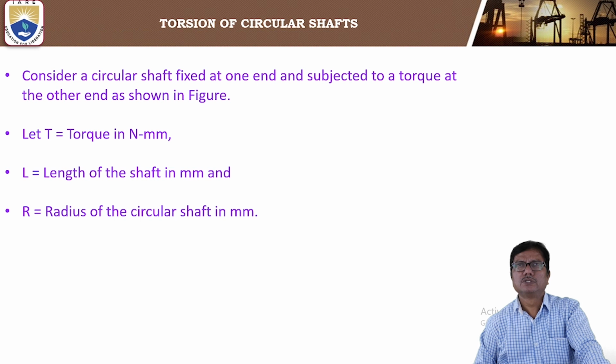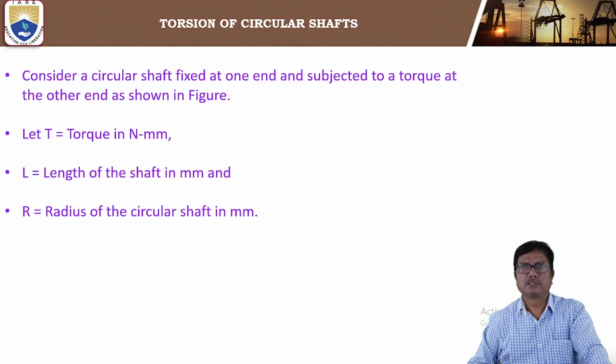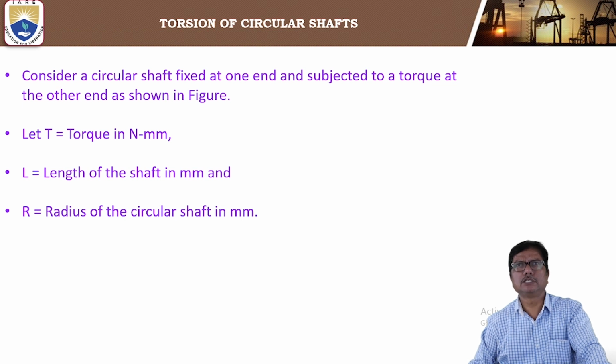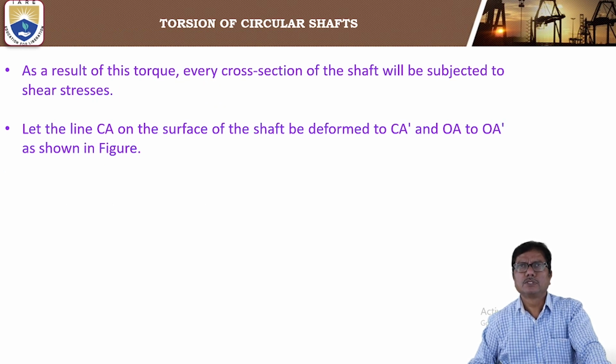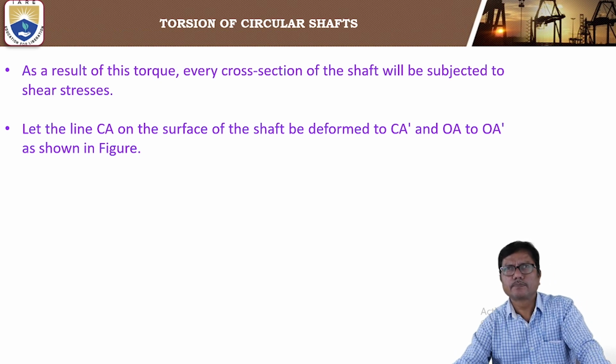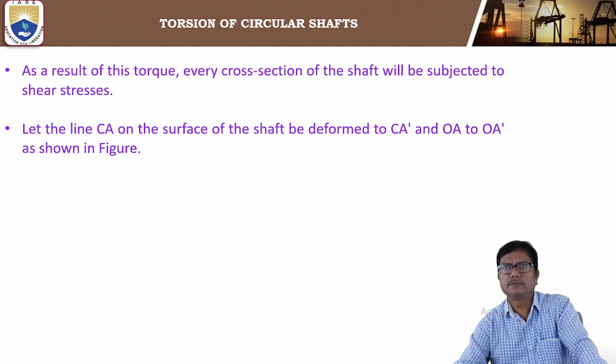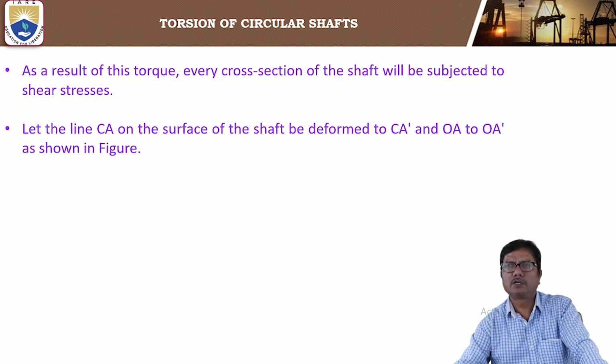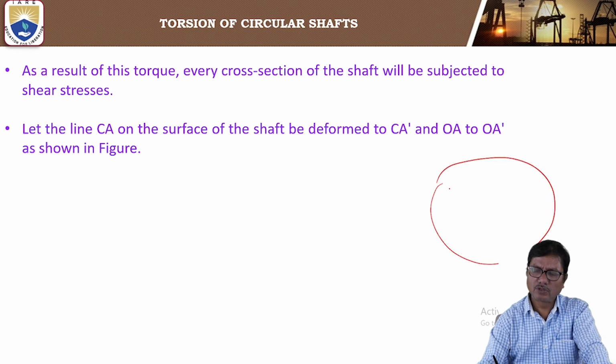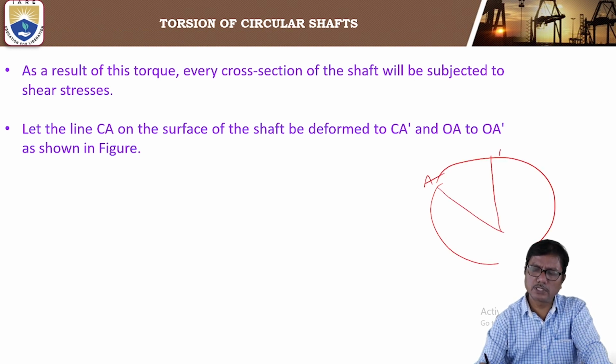Here the radius of the shaft is capital R and the length of the shaft is L. T is the torque or twisting moment in Newton millimeters. Initially, the line CA, which is parallel to the axis of the shaft, is deformed to a new position CA dash, and OA is deformed to OA dash.